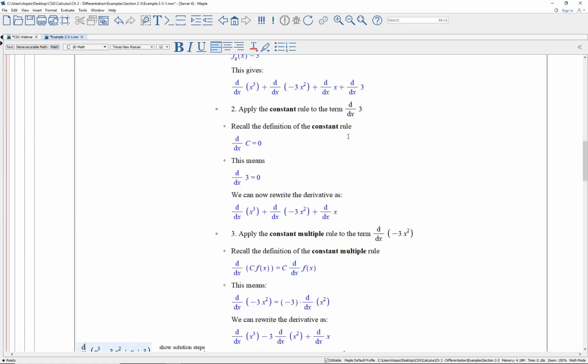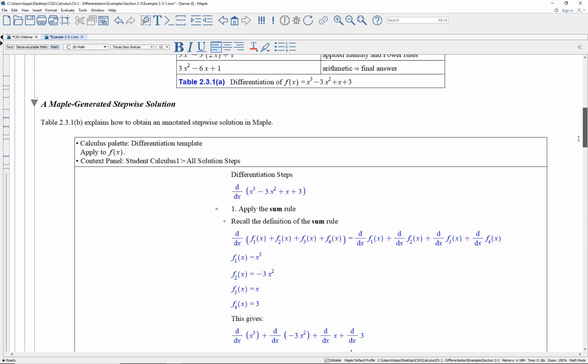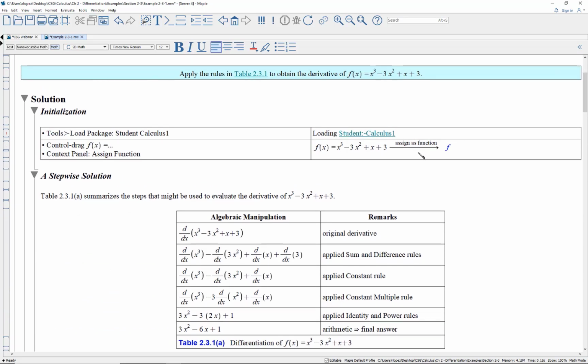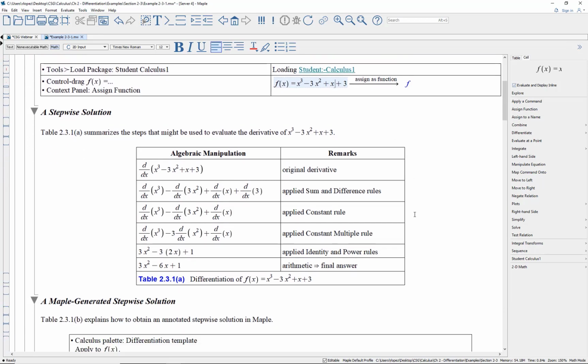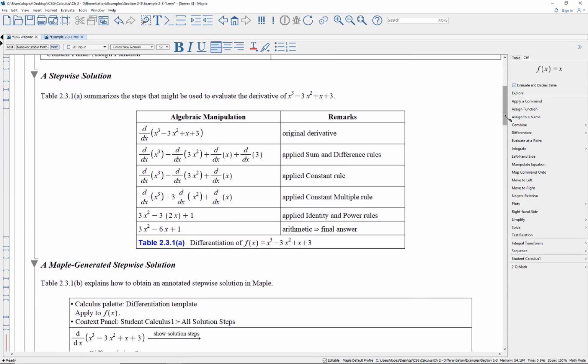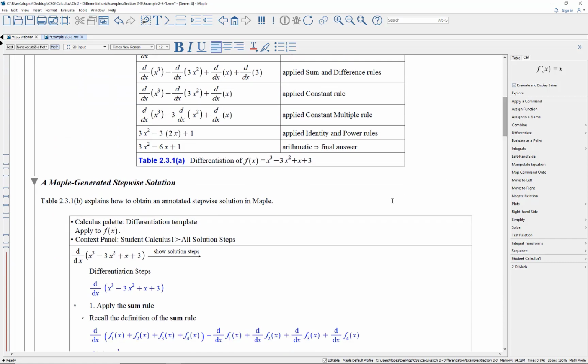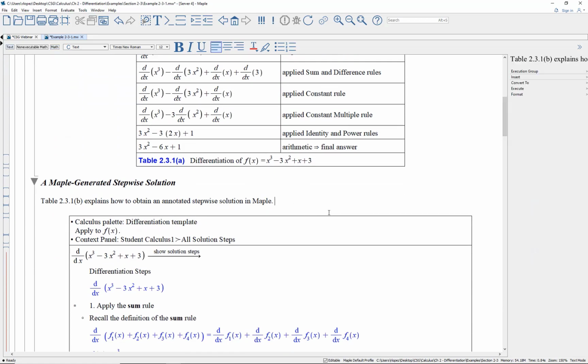So having typed that in or copied and pasted it, the context panel has this assign function that makes f this function with that rule. When you come down here, I'll just type that in.